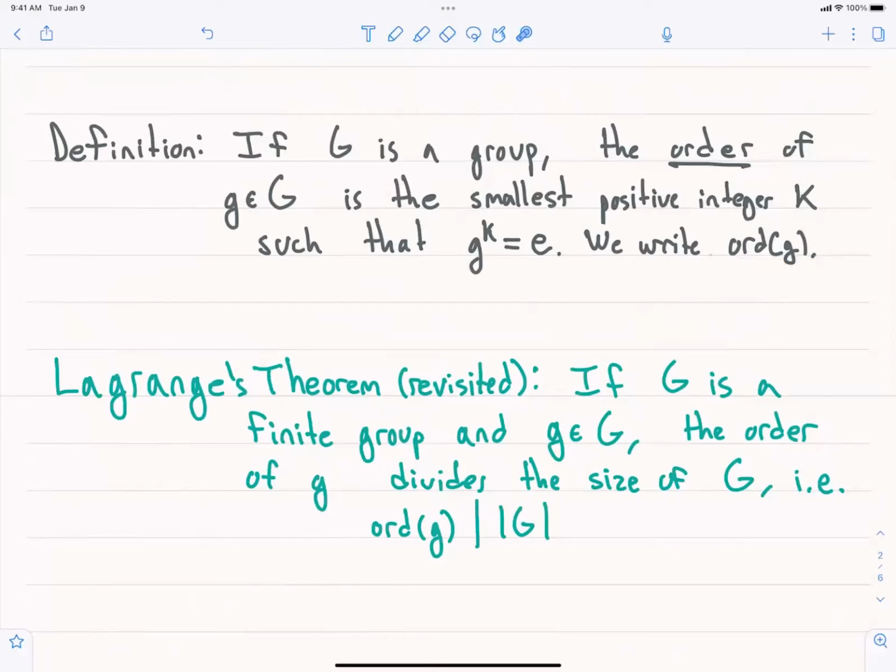And this number has actually come up already when we talked about Lagrange's theorem. Previously we stated Lagrange's theorem as saying that if you have a group and an element little g in that group, then g to the size of g, which we write as bars g, is the identity element.